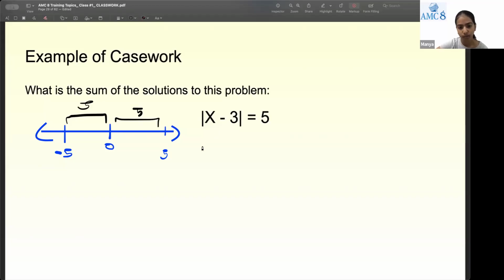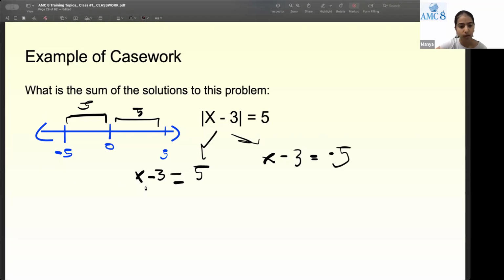So here we can do x minus 3, just removing the absolute value sign, equals 5. And there's another case, x minus 3 equals -5, because maybe x can be a negative number.